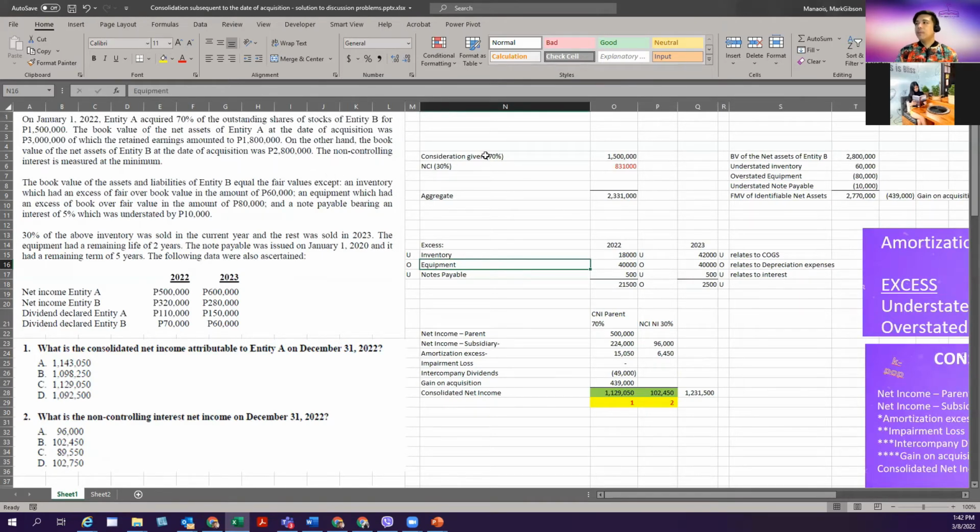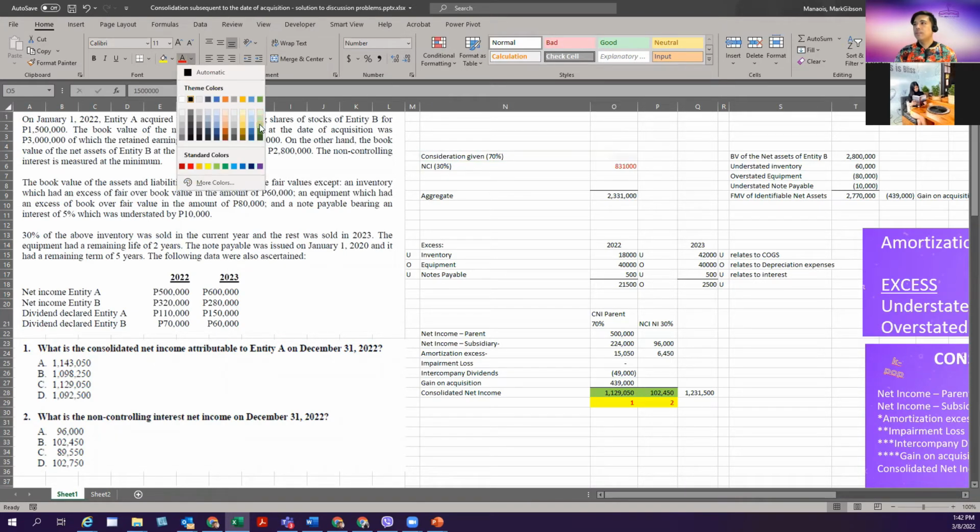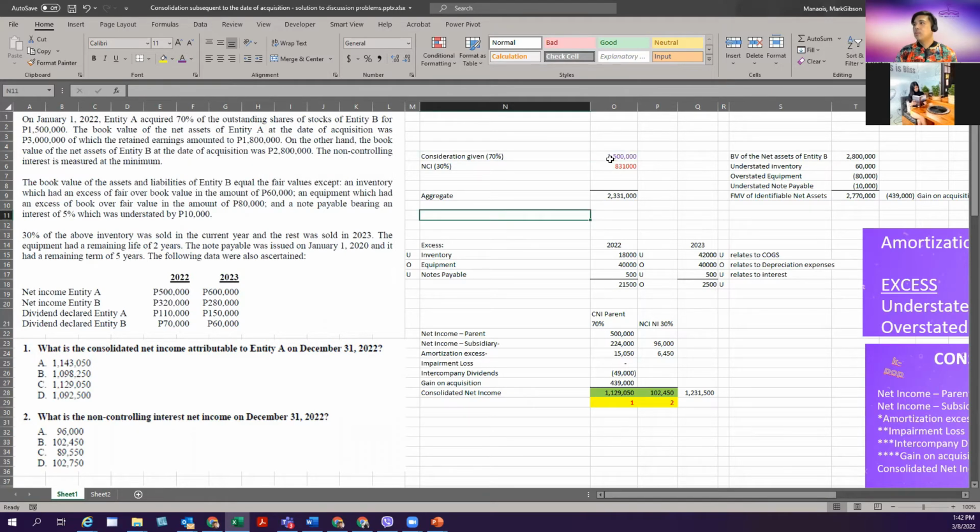Magkano ba yung consideration? Ito class, this is also one of the templates that I have provided you in my previous discussion. So consideration, meaning this is the consideration given up. This is 70%. So that's 1,500,000. So yan muna.